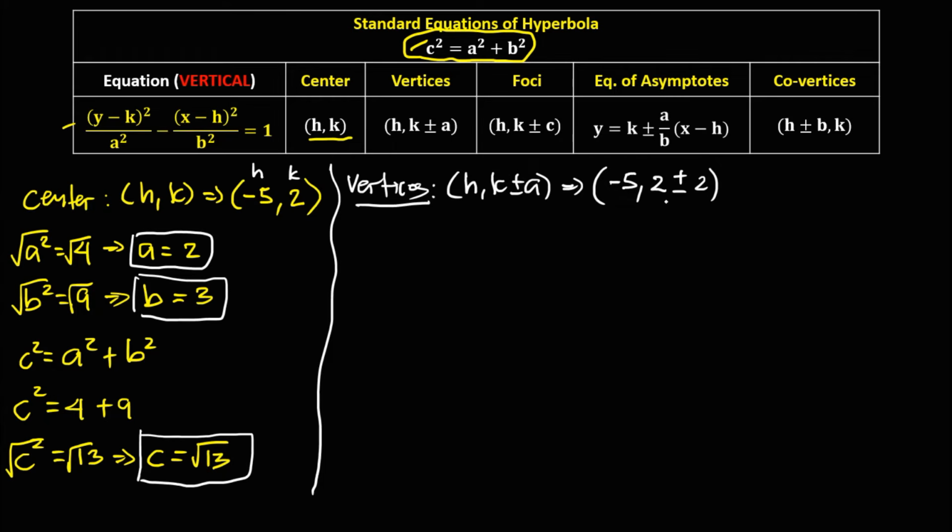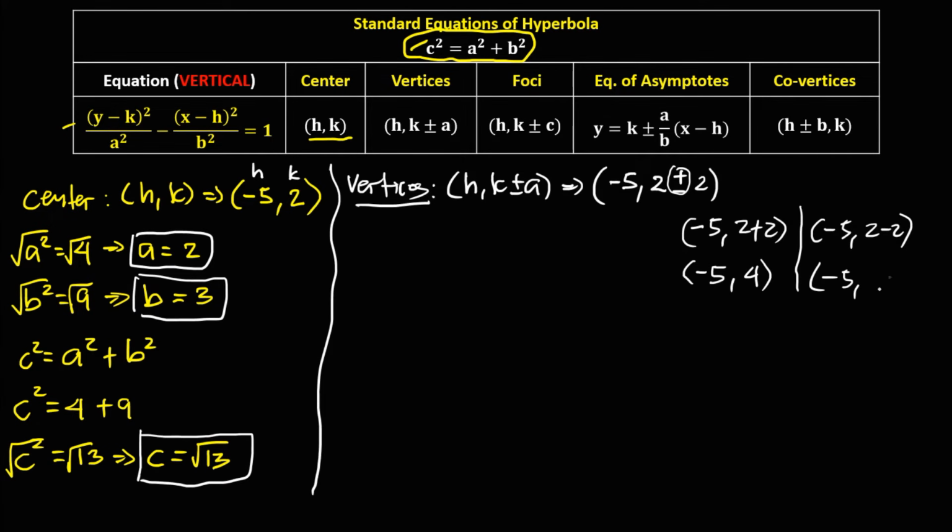Then to simplify, we need to separate this plus and minus. So we have negative 5, 2 plus 2, and the other one, negative 5, 2 minus 2. Then to simplify, negative 5, 2 plus 2 is positive 4. The other one, negative 5, 2 minus 2 is 0. So these are now the coordinates of the vertices.